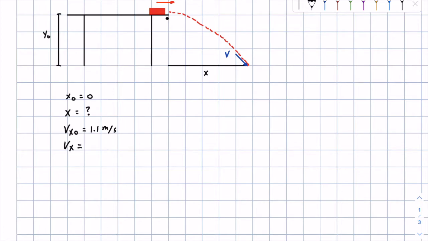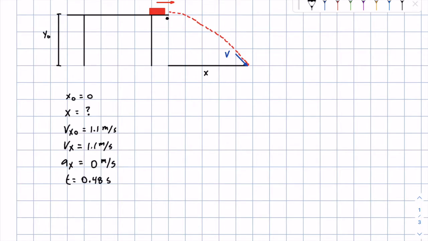It turns out that the final velocity in the x direction is also going to be 1.1 meters per second, and that's exactly because we're ignoring air resistance, so that means the acceleration in the x direction is 0 meters per second squared, right? Because if we have no acceleration, then that means that the initial velocity in the x direction has to equal the final velocity in the x direction. So that checks out, and then we know that the time it takes to reach the floor is 0.48 seconds.